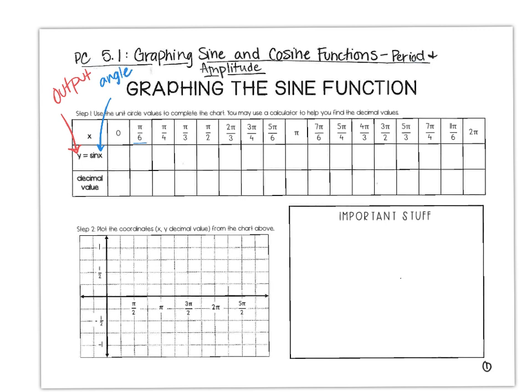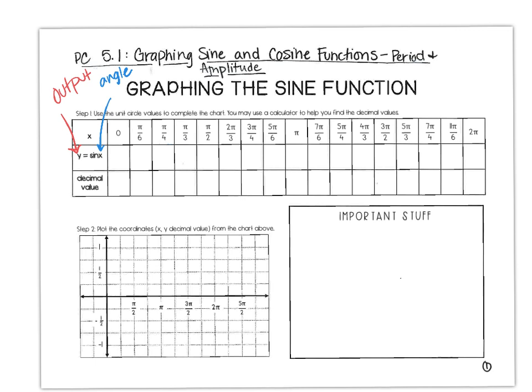These are all angle measurements, right? Pi over 6, pi over 4, pi over 3. So when the angle is pi over 6, what is the sine of that angle? That's what our y value is. We're only talking about sine in this first section, and we'll do the sine of all of these ratios going around the whole unit circle.